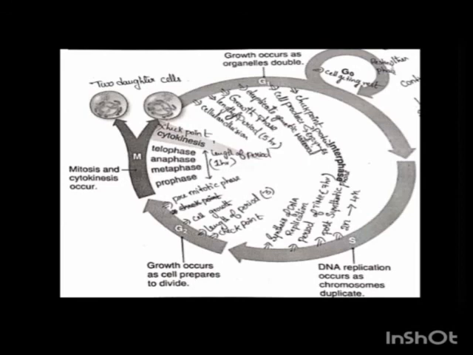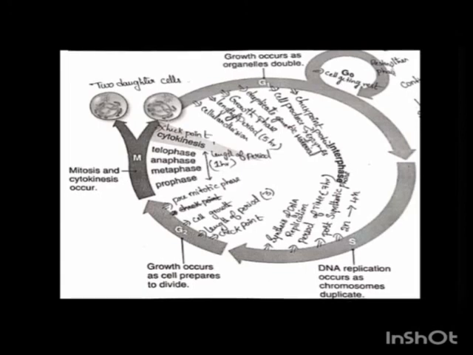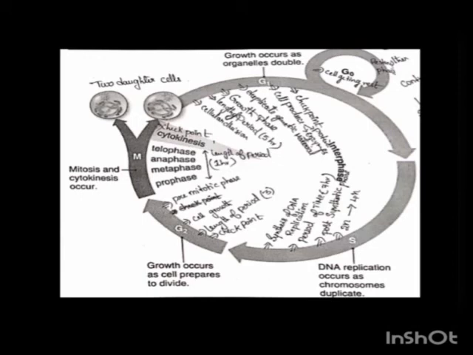In the synthesis phase, the 2n condition changes to the 4n condition after DNA synthesis. After S comes the pre-mitotic phase, where the cell prepares and checks what the cell is going to generate.